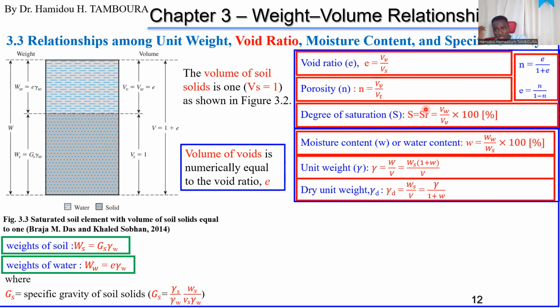But you can do it if you want. Let's do it, you will see. Volume of water divided by volume of void. Volume of water is what? e. Volume of void is what? e. So e divided by e is 1 because it's 100% saturated.